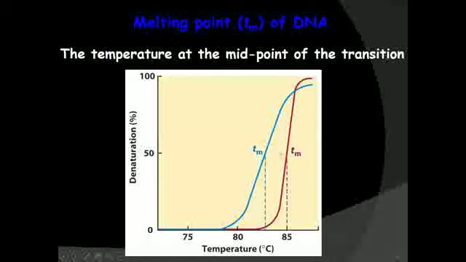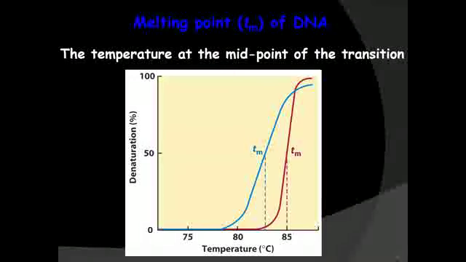So the melting point of DNA is determined by heating the DNA and then seeing where 50% of the DNA is denatured, which means that this is a DNA molecule which has half DNA still in double-stranded form and half DNA which has been denatured or converted into single-stranded form.